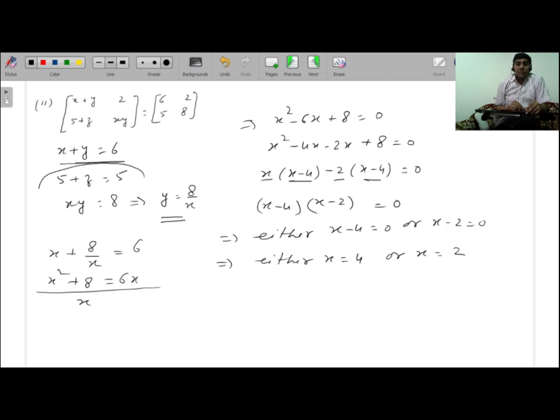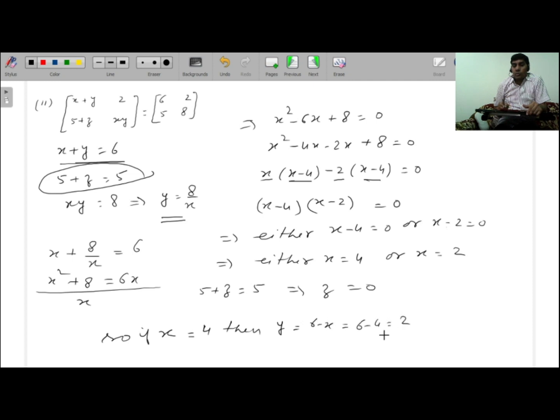Now, from the equation 5 plus z is equal to 5, this implies z is equal to 0. If x is 4, then y is equal to 6 minus x, which is 6 minus 4, equal to 2.